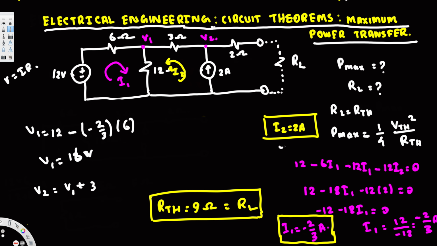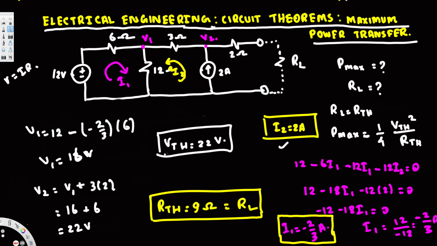It's right here, 2 ampere, 2. So it is 16 plus 6. So we are getting 22 volt, and that's going to be our VThevenin, because if you notice here we don't have any current flow. So whatever the voltage we have right here, that's going to be the voltage across this one. So that's our VThevenin. VThevenin is going to be 22 voltage.